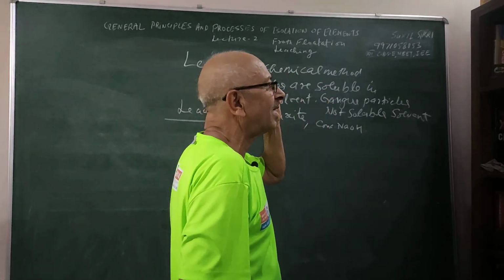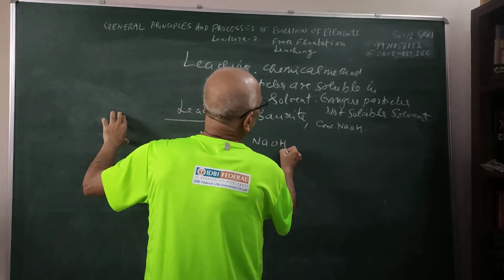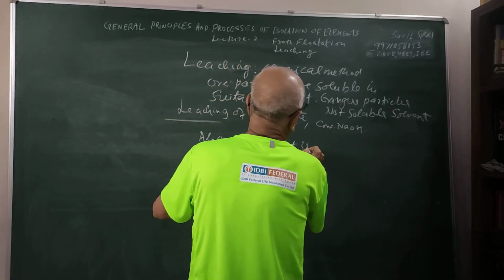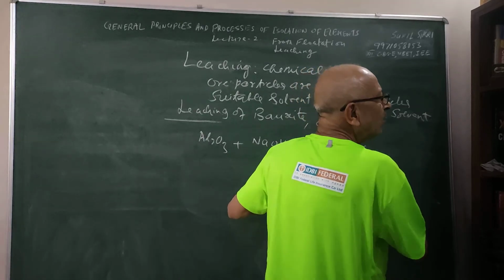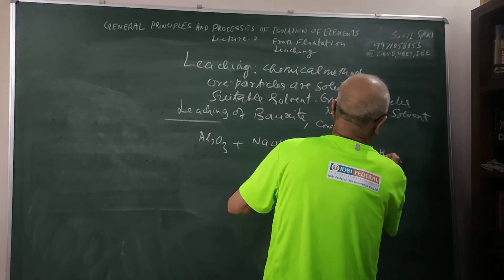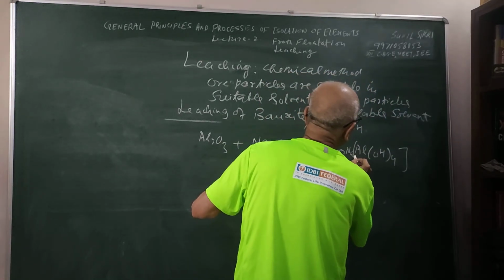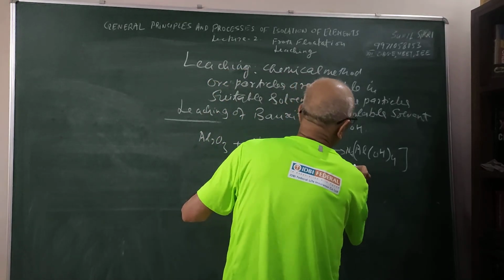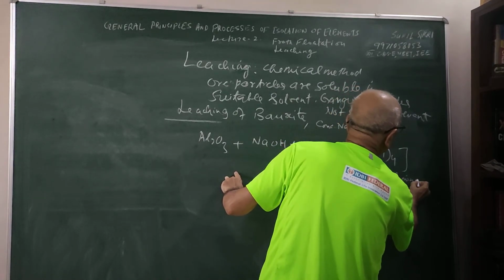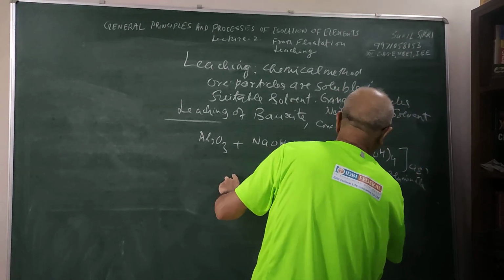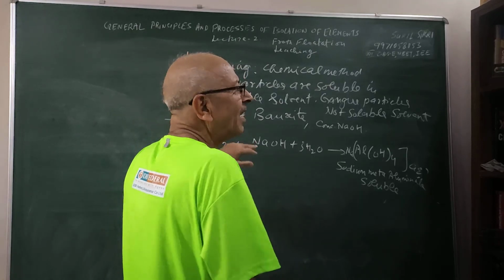So we react Al2O3 with NaOH and water, and aluminium forms sodium meta-aluminate. This is soluble, a soluble complex formed by the alumina.